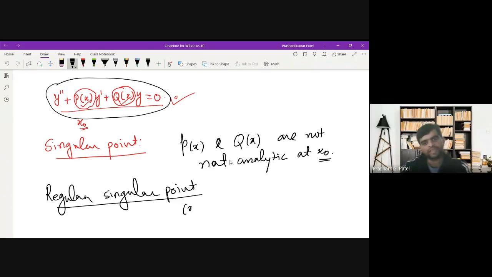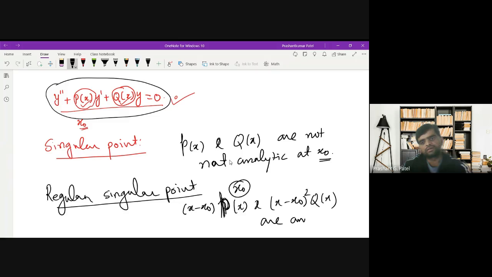It says that x minus x0 times p of x. First of all, x0 should be a singular point, and then we can talk about the regular singular point. So if x0 is a singular point and x minus x0 times p of x and x minus x0 square times q of x are analytic at x0, then we can say that x0 is a regular singular point.